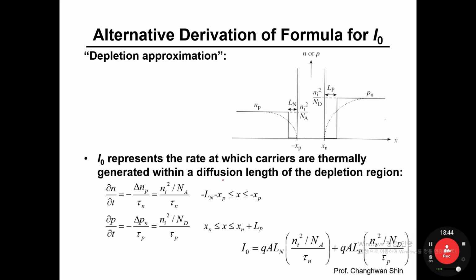Is there any easier way to get to the final equation form for the ideal p-n junction diode? Yes, it would be possible. One of the ways is explained and dealt with in this lecture note. The title is Alternative Derivation of Formula for Saturation Current I_0.